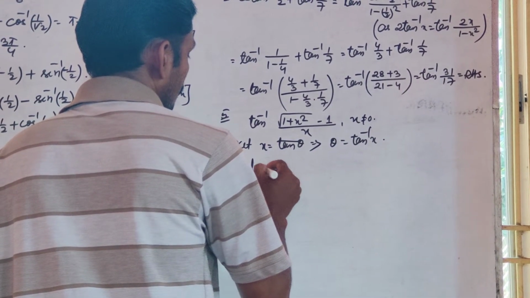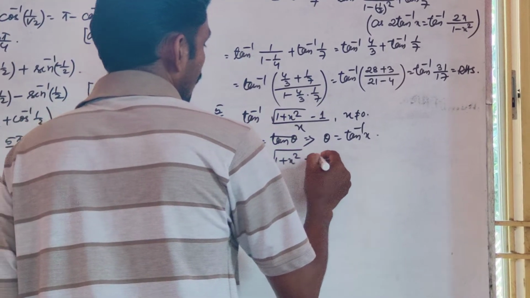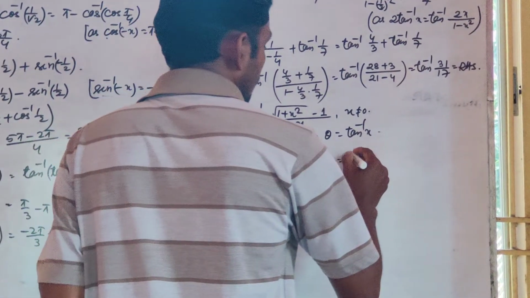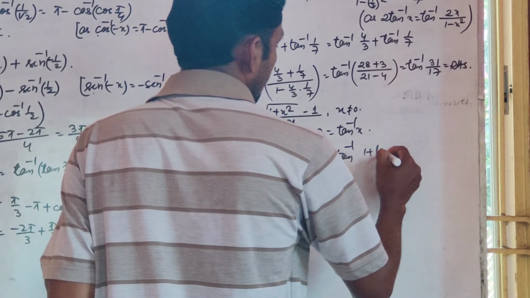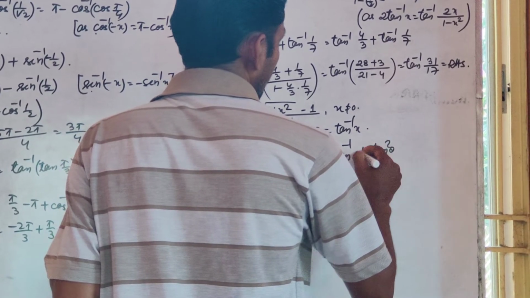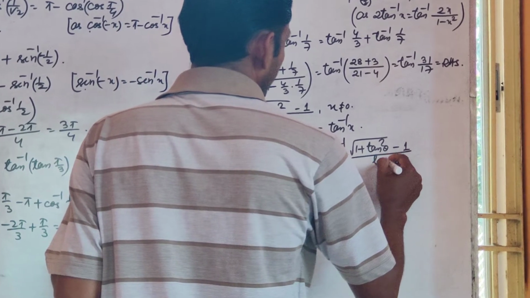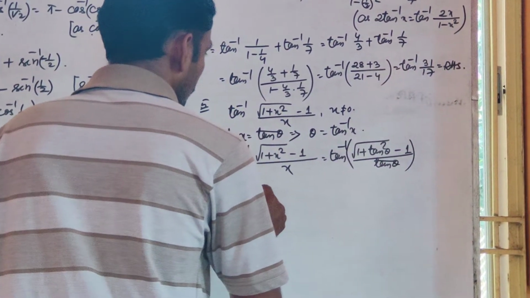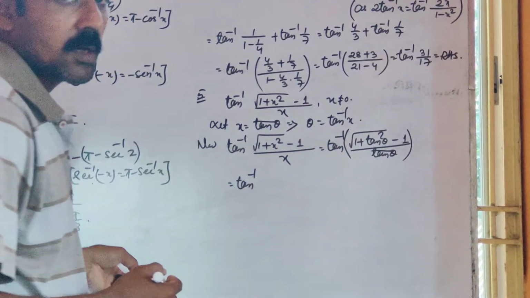Now tan inverse of square root of (1 plus x square) minus 1, whole divided by x, is equal to tan inverse. Now putting the value of x, it is square root of (1 plus tan square theta) minus 1, whole divided by tan theta. That is tan inverse. It is 1 plus tan square, which is sec square.